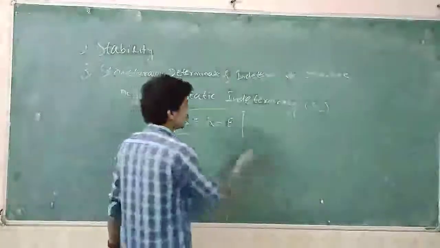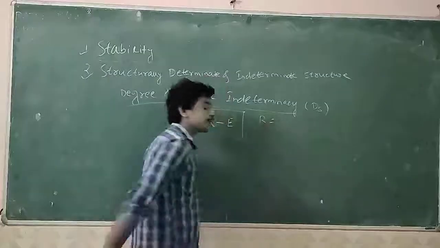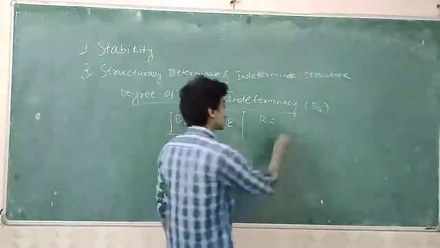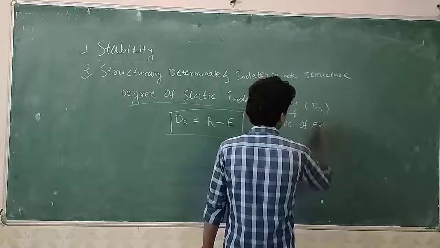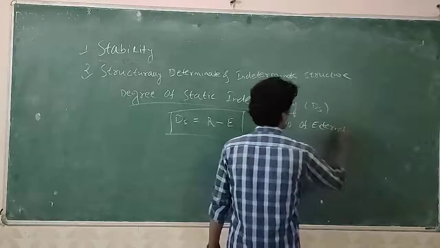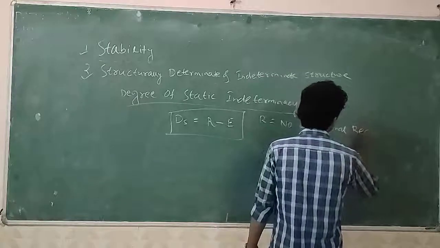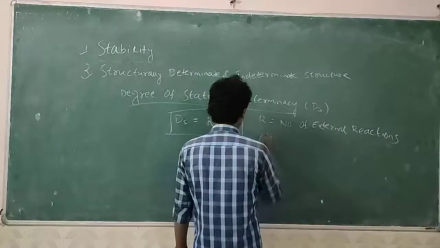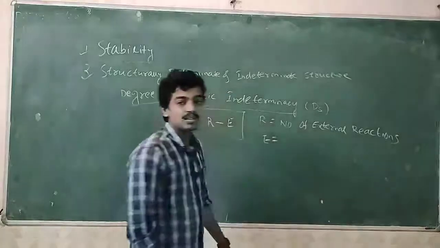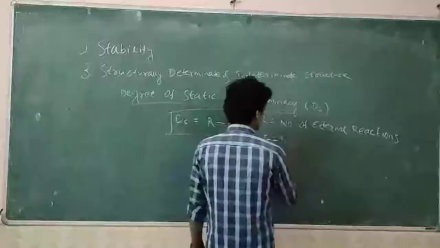So how to find out? R means number of external reactions. E means number of equilibrium equations.